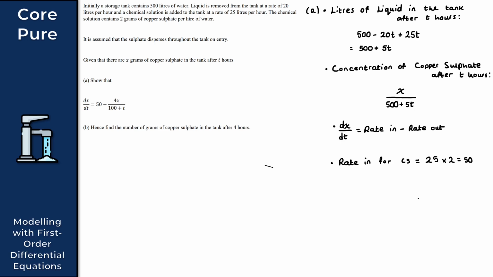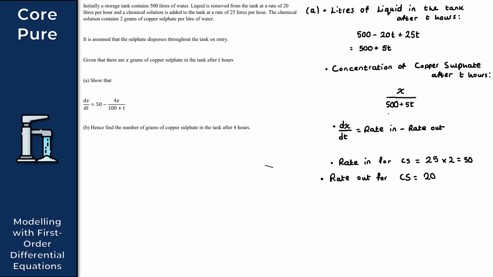And now for the rate out for the copper sulfate, again CS just meaning copper sulfate. We're told the liquid is removed from the tank at a rate of 20 litres per hour. So I get 20 times the concentration of the copper sulfate.